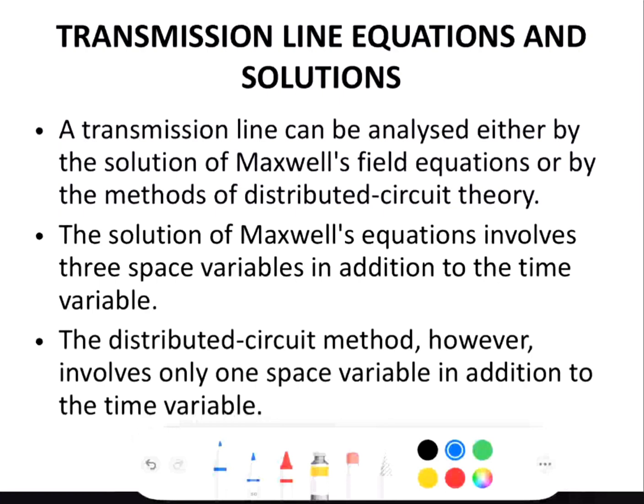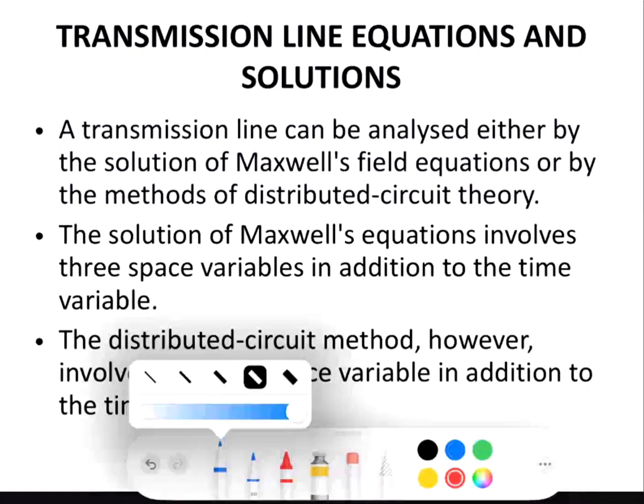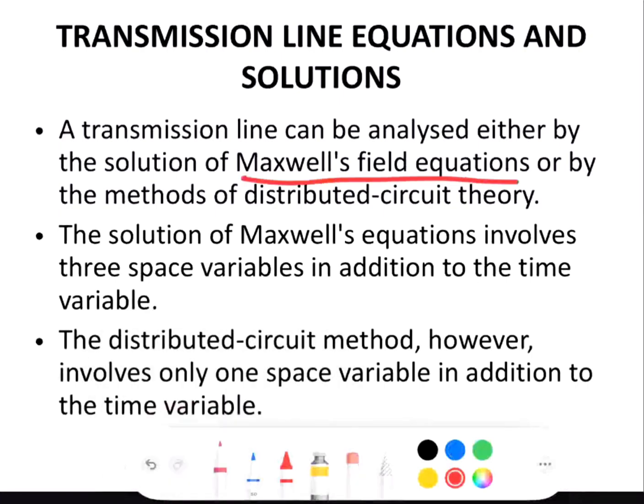There are two methods by which we can analyze a transmission line. One is by means of Maxwell's field equations, and the other is by means of distributed circuit theory.